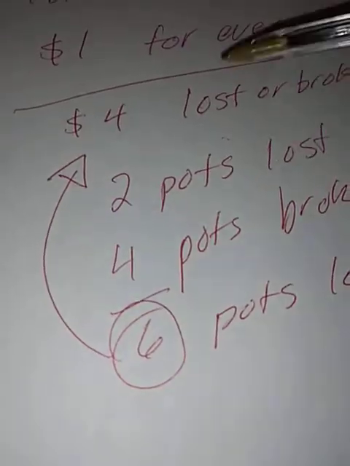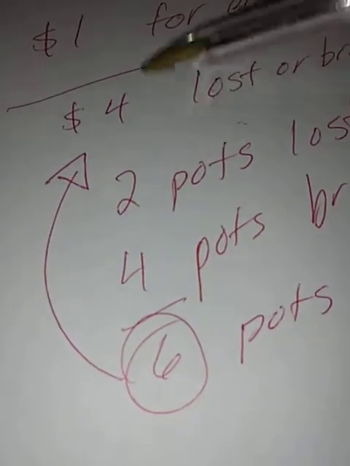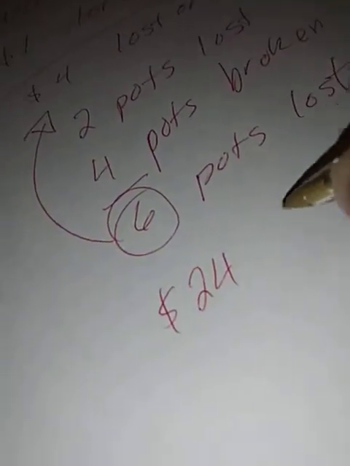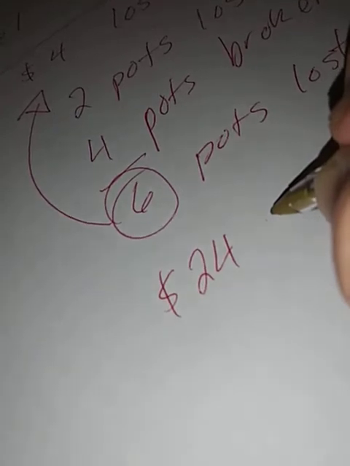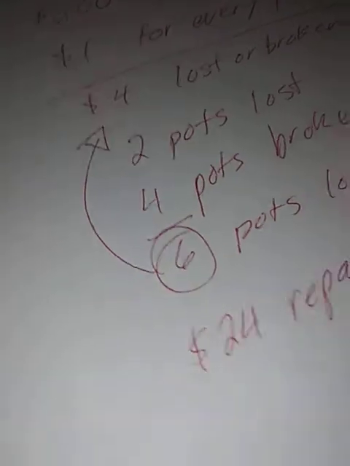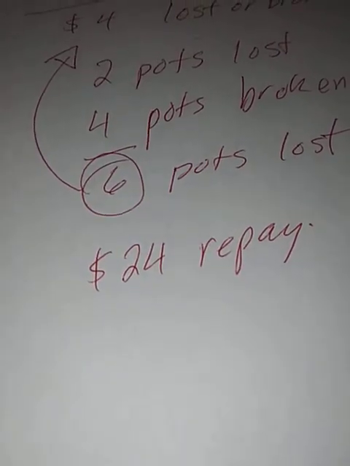So what does that mean? This 6, they have to pay $4 for those per pot. So 4 times 6 is how much? 24. So that's $24 they have to pay. Okay? So they have to repay the $24.